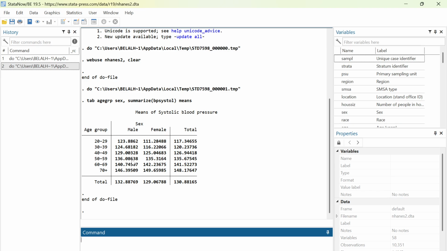However, as we go towards older age groups, we can see that the gap is shrinking in the middle, and towards the end, which is 60 to 69 and 70 plus, females even have higher systolic blood pressure. So it's shrinking in the middle.